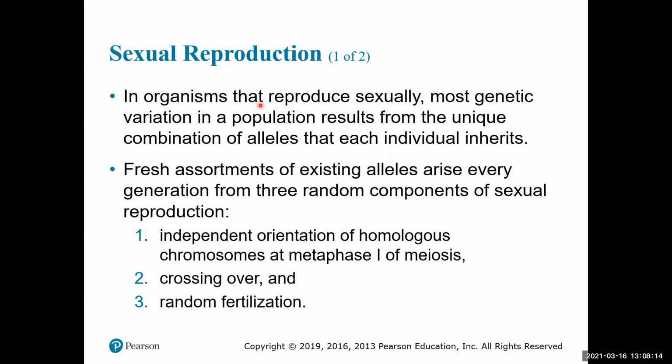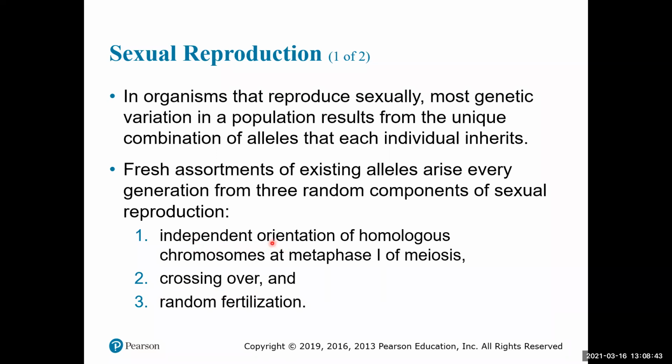For organisms that reproduce sexually, most of that genetic variation results from a unique combination of alleles that each individual inherits, right? And so you can get new assortments of alleles arising. And remember, we talked about this through mitosis and meiosis. So you get independent orientation, random fertilization, and crossing over. So this is that independent assortment.